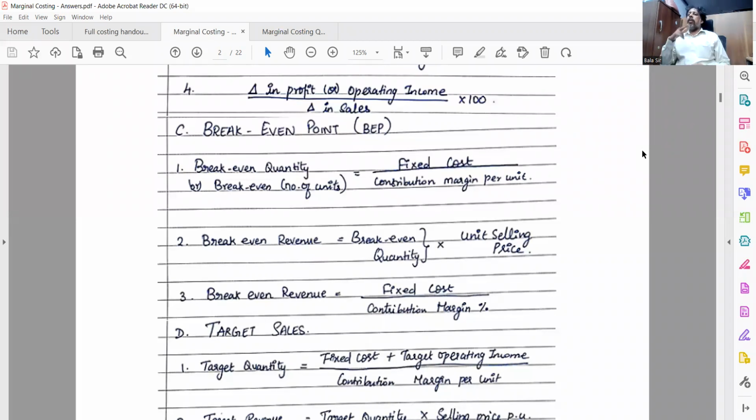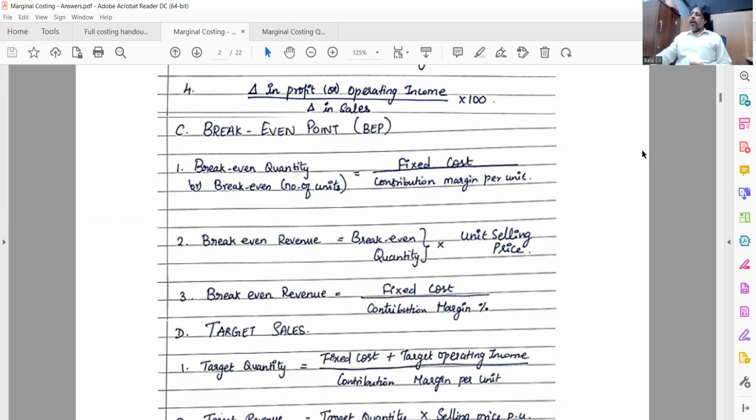Now what is 20,000 by 0.4? 50,000. I'll tell you why. You earn a 40 paise contribution for every 1 rupee you sell. But how much do you want to earn as contribution to break even? At least equal to your fixed cost.